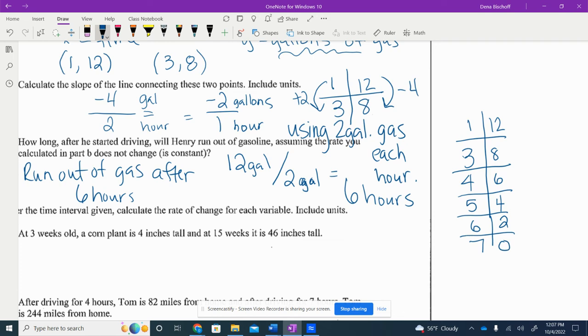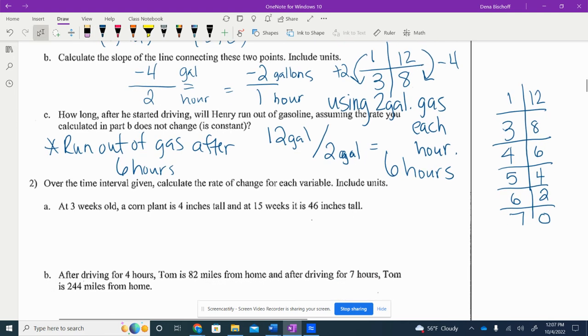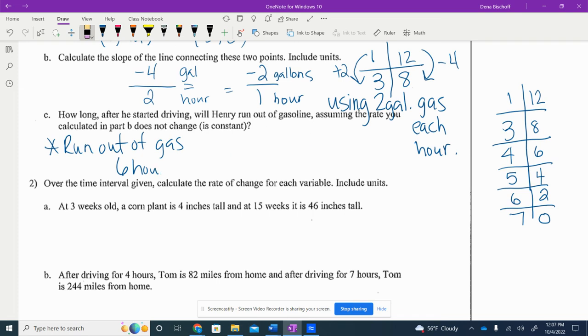So who's correct? The table is correct. Let me tell you why dividing by 2 isn't going to work.